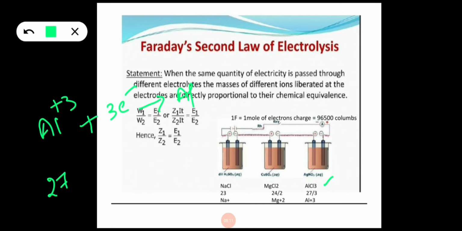But we are sending only 1 Avogadro number of electrons, while 3 times Avogadro number of electrons are needed. So all the Al plus 3 present in the solution will not get neutralized by 1 Avogadro number of electrons, but instead only one third of the total amount will be deposited.